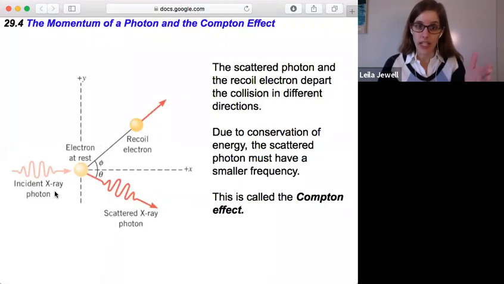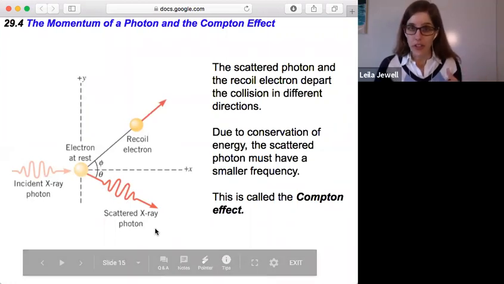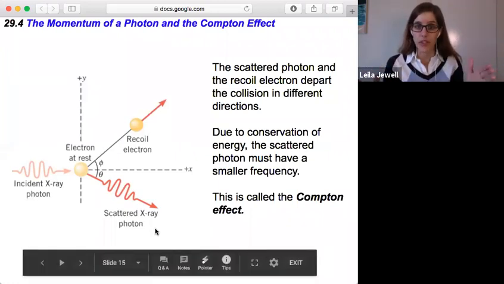And here's some evidence of how it can behave like a particle, like a photon, in that when the X-ray strikes the electron and causes the electron to recoil, to bounce off in some other direction, the X-ray photon is then scattered in a different direction, right? It bounces off of the electron and they split.